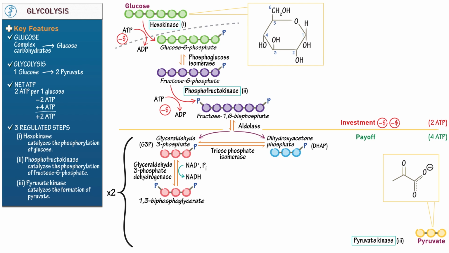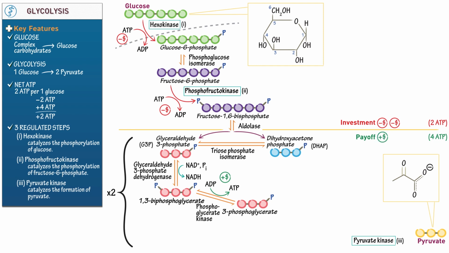Next, show that 1,3-bisphosphoglycerate is reversibly converted to 3-phosphoglycerate by phosphoglycerate kinase. Use an arrow to show that this reaction generates ATP from ADP. Show it in our accounting.